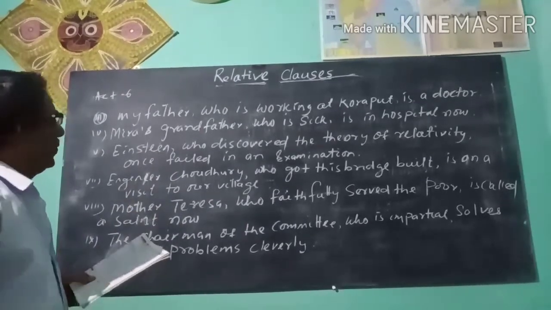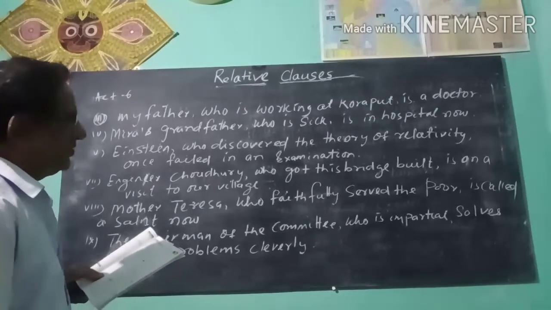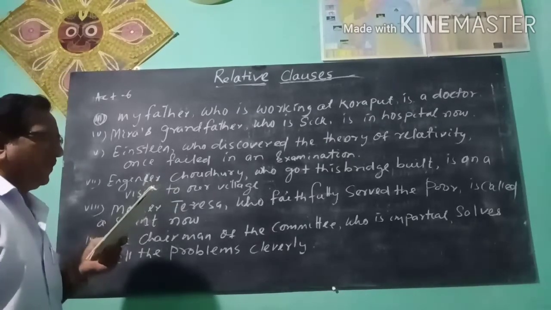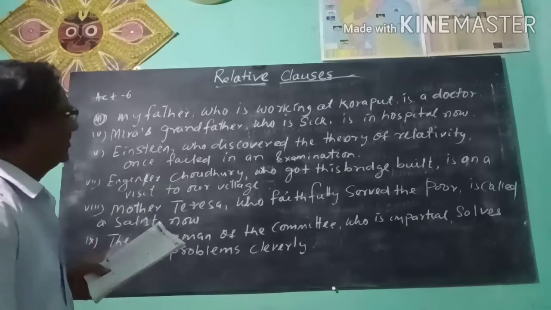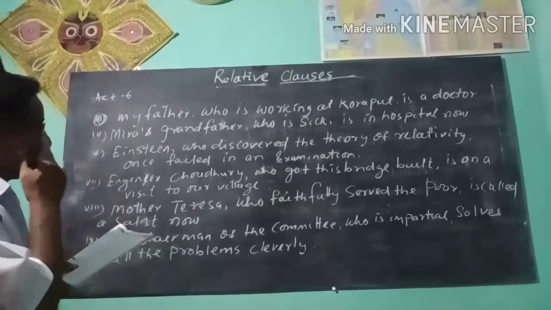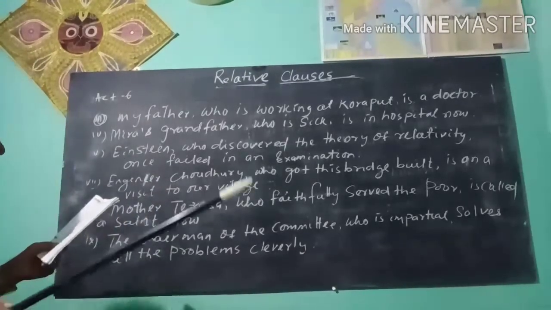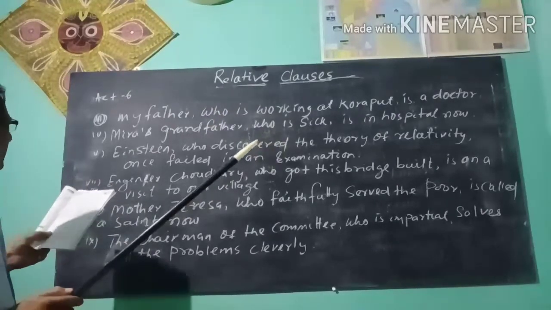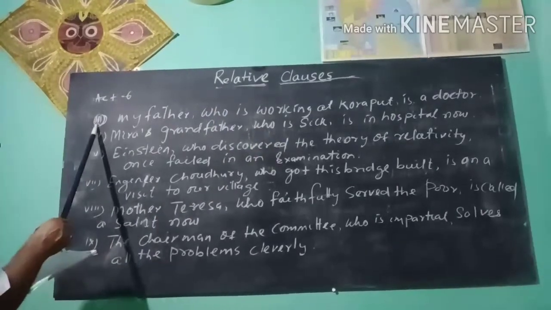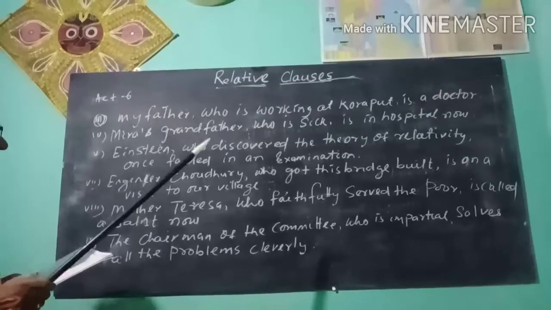Now we find out the non-defining relative clauses from this activity. You see sentence number 3 of your activity.